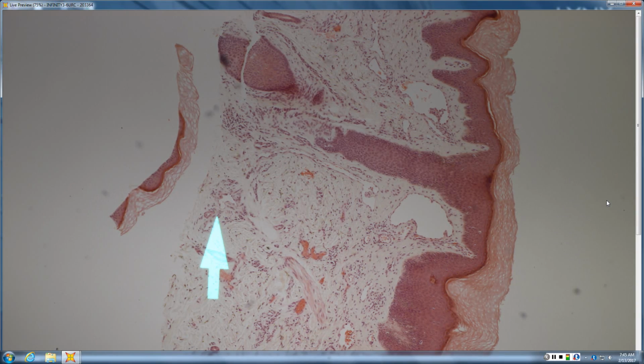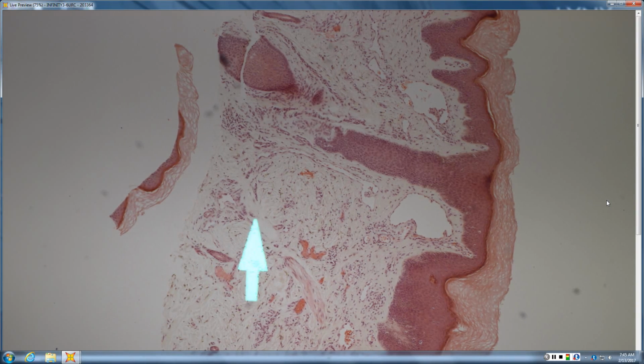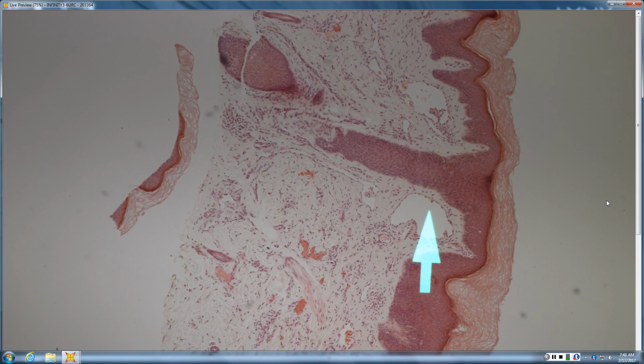So THH, or targetoid hemosiderotic hemangioma. The other name is hobnail hemangioma because when you look at those little spaces that look kind of like angiokeratoma, they're different from angiokeratoma. And how are they different? Because they have big hobnail endothelium sticking into them.